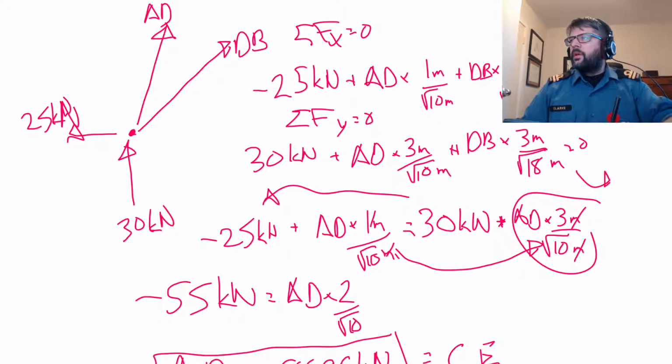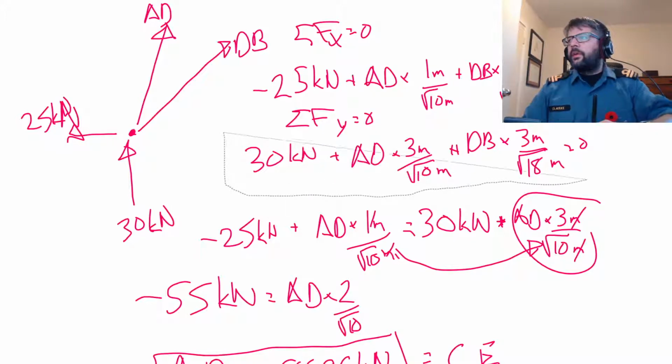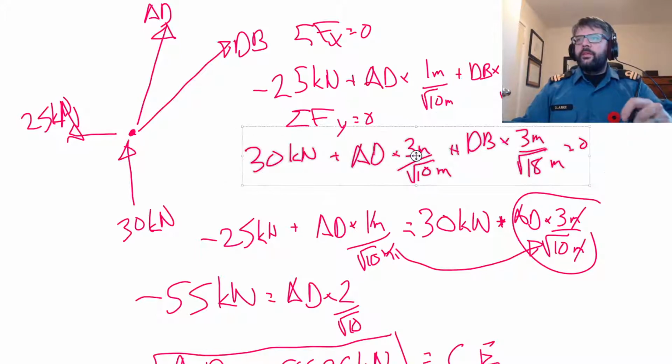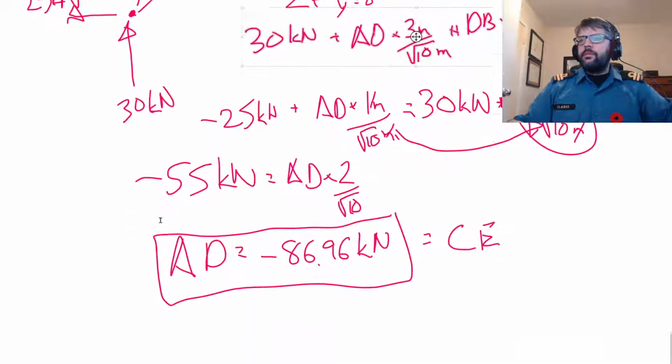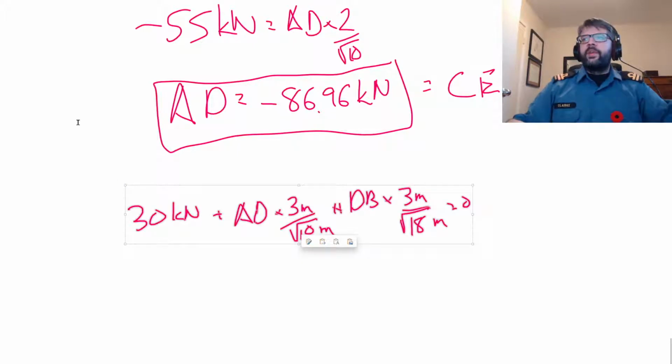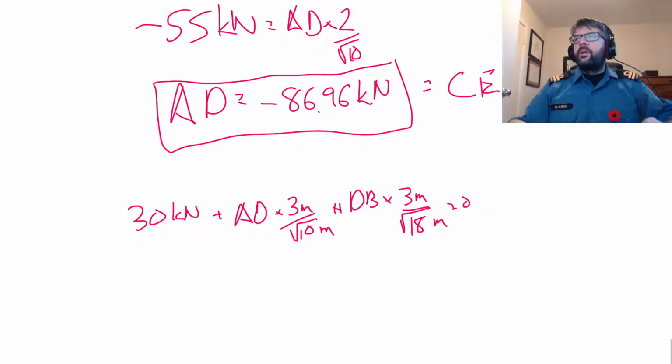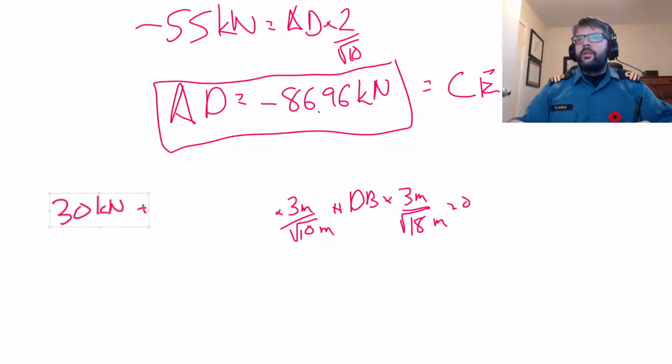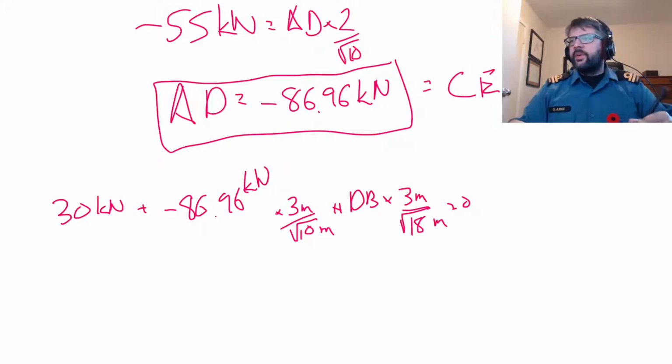Let me copy this equation right here and paste it, and I'm just going to plug negative 86.96 kilonewtons into the spot where AD was.